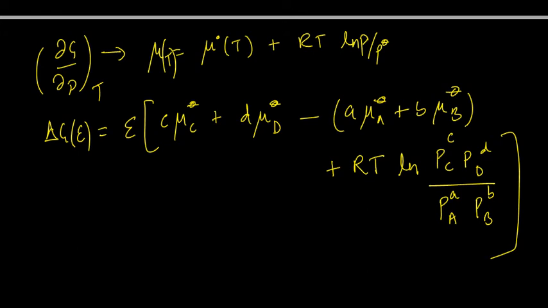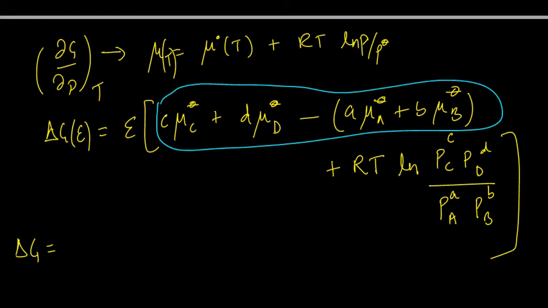And then I see that delta G is nothing but equal to something over here. Let me just encircle this. This is nothing but the delta G of the reaction, what we calculated initially without mixing.